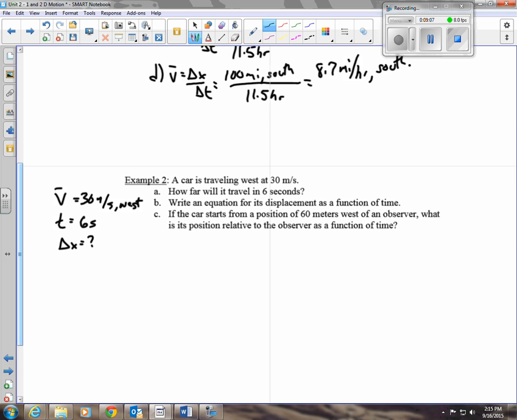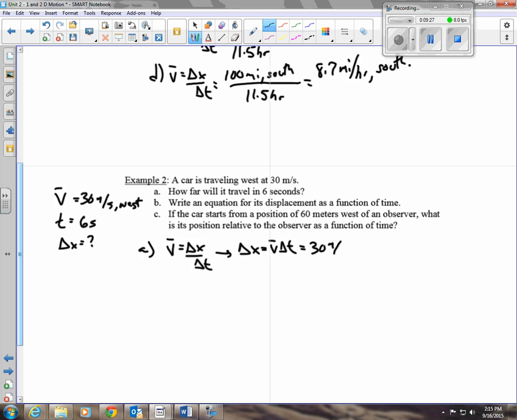I'm looking for displacement. Okay, so for part A, I use this equation, and I rearrange it to get the displacement by itself. Get delta x is v bar times delta t. So now I can plug in.